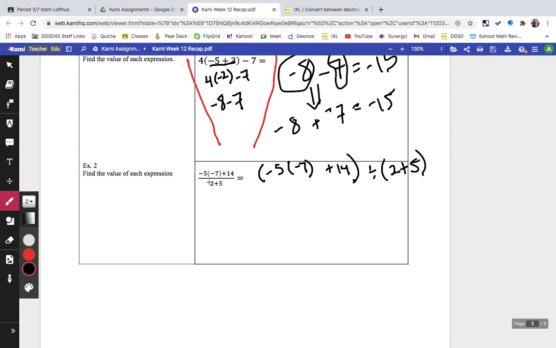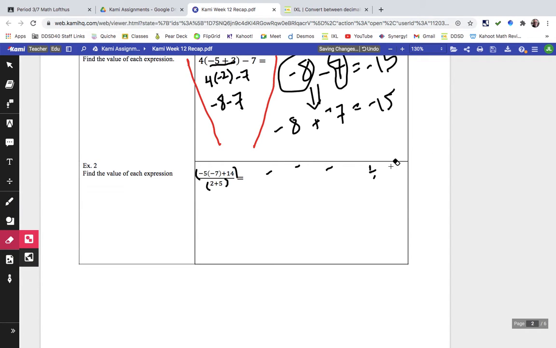So it's the parentheses down here and up here. Mathematicians like to use the fewest number of symbols possible. So instead of using all those parentheses to put it into groups, we can just put one line.